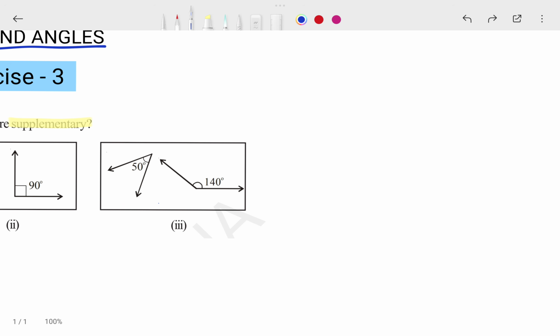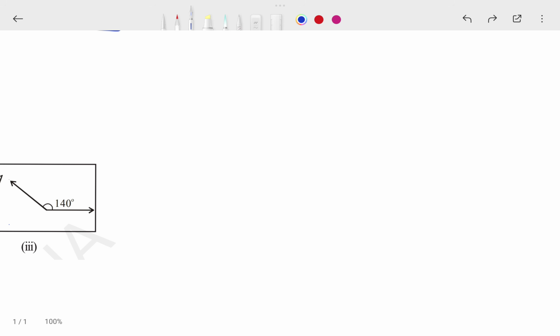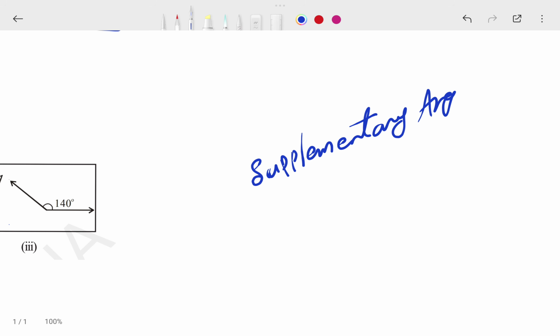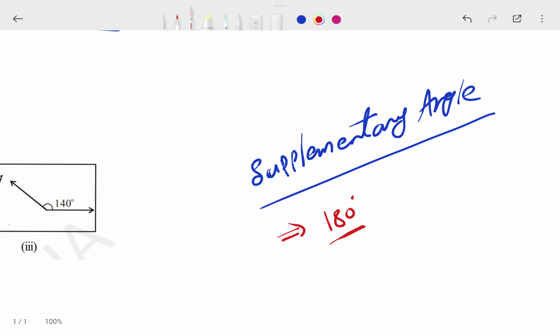Before we move on, let me tell you what a supplementary angle is. A supplementary angle is the angle which equals 180 degrees.